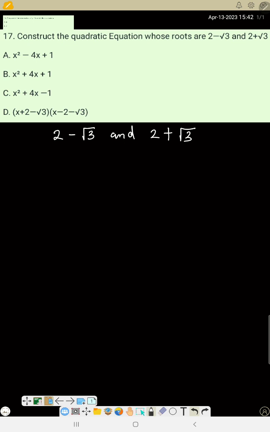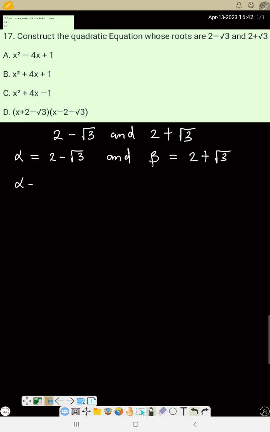So to construct a quadratic here, let alpha be the first root and beta be the second root.